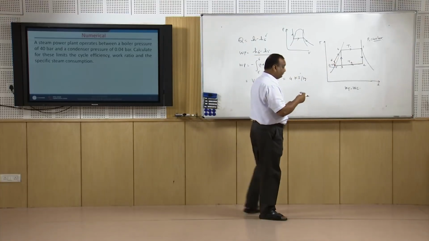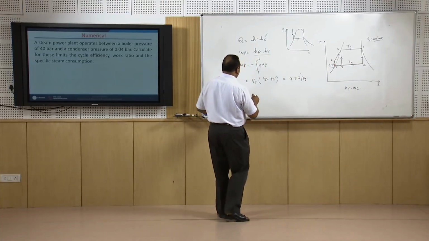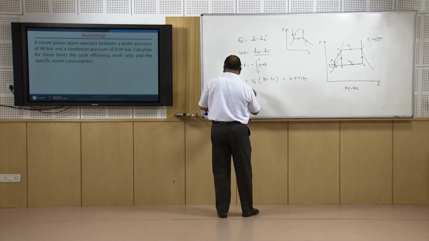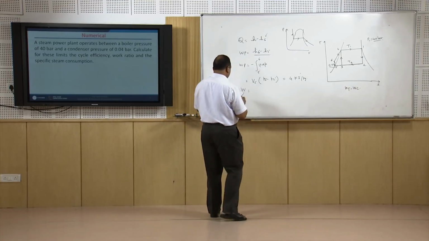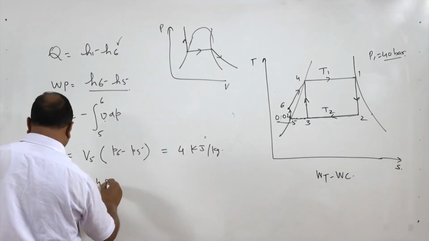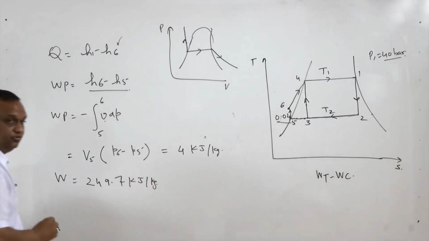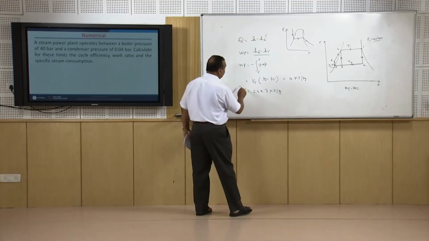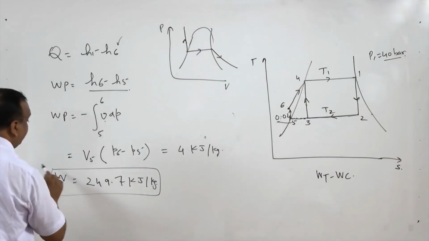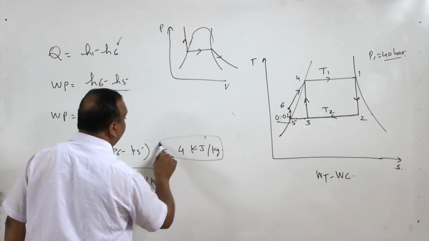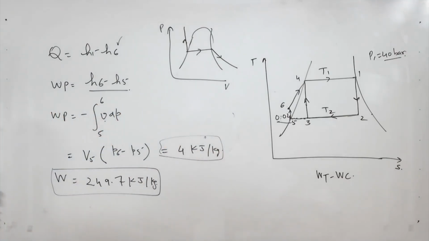In case of Carnot cycle, the work of the pump or pumping work was coming out to be 249.7 kilojoules per kg. So, you can compare the energy consumed in the Carnot cycle and energy consumed in Rankine cycle in pumping the fluid.